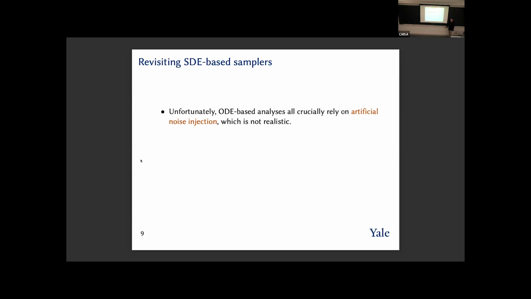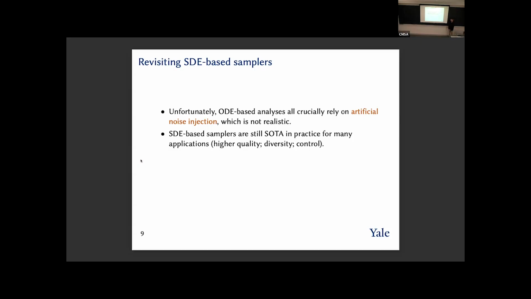And now, one thing I want to do is revisit the SDE samplers. Actually, I want to move away from ODEs for this reason. It would still be interesting to understand the pure ODE without making too many assumptions. But okay, let me try to revisit the SDE samplers now.